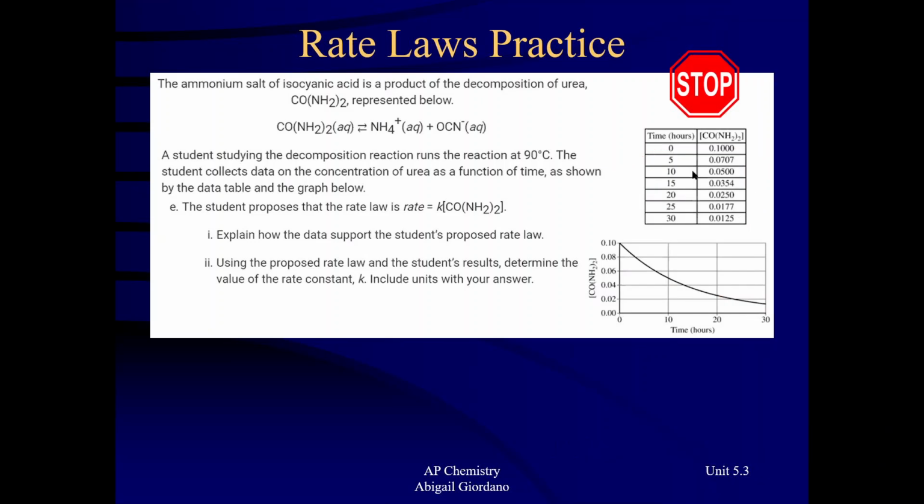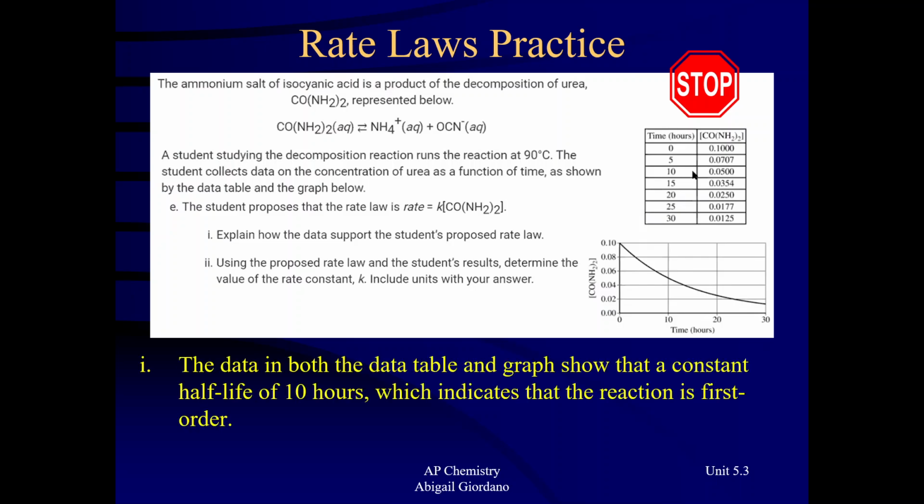And guys, that is something unique to first order data. The data in both the data table and the graph show a constant half-life of 10 hours, which indicates first order data. You would not see that in zero or second order because the amounts change the half-life when it's zero or second order.